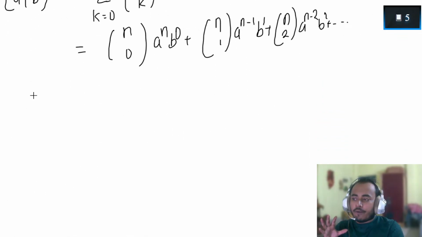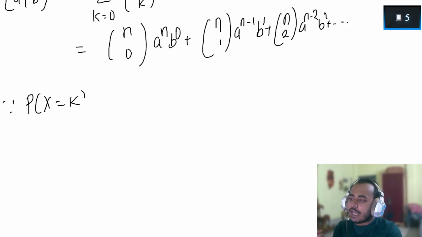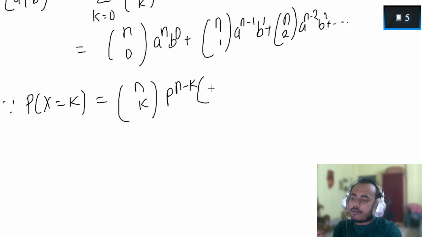So what we can do is we can again write here first that, okay, we know that the probability of x equals k is given as n choose k multiplied by p to the power n minus k into (1 minus p) to the power k. Correct? Now this is the probability of the random variable x having any value k.